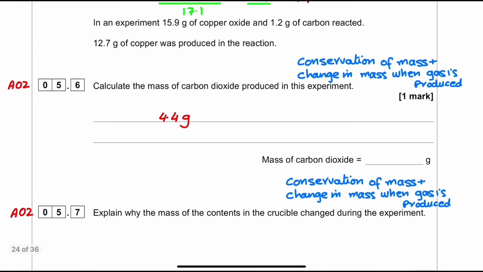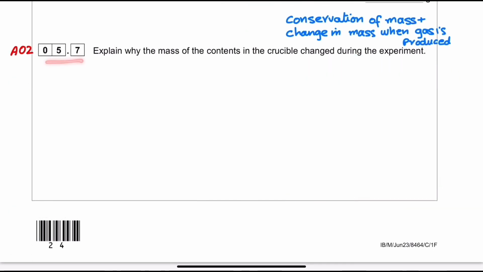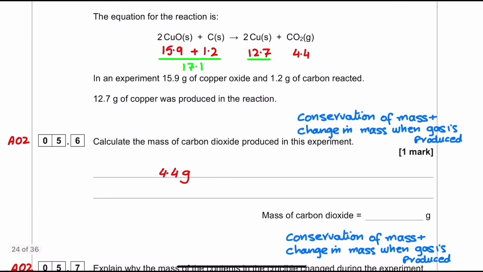And this question is from the topic of conservation of mass and change in mass when a gas is produced. 5.7 is an AO2 question. Explain why the mass of contents in the crucible changed during the experiment. We can see here the change in the mass is 4.4 gram. The initial mass, on the left side of the reactants, is 17.1 gram. After the reaction, the amount of copper obtained is 12.7 grams, whereas 4.4 gram of carbon dioxide is produced.